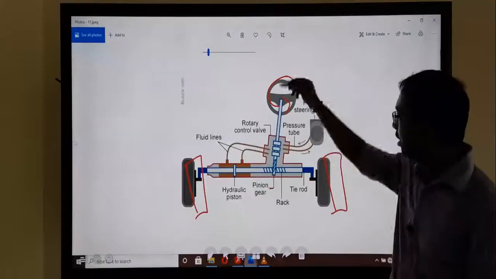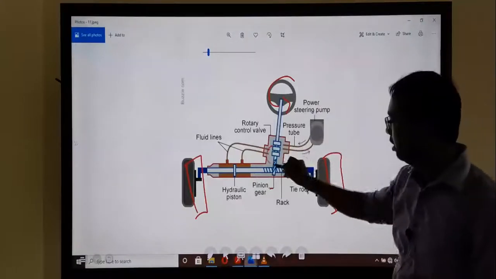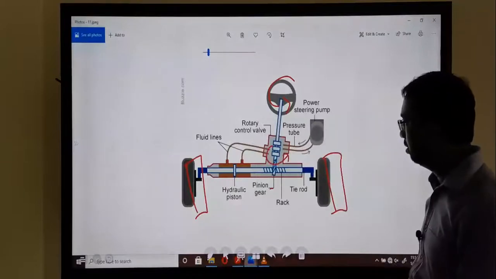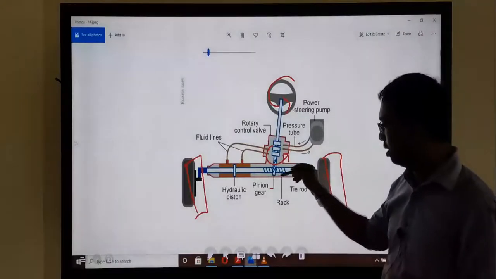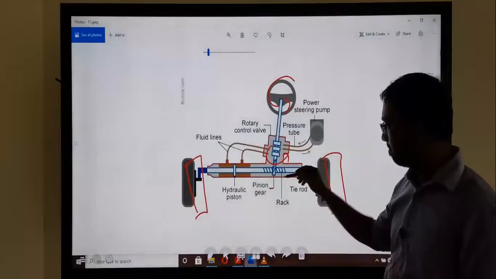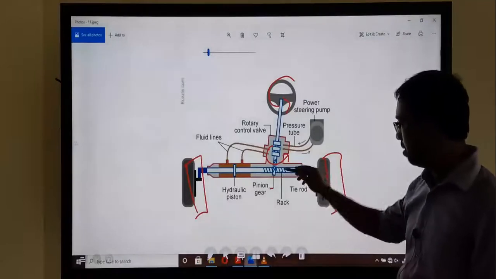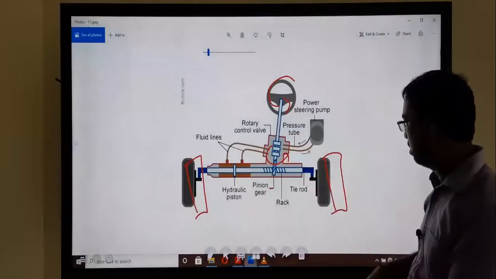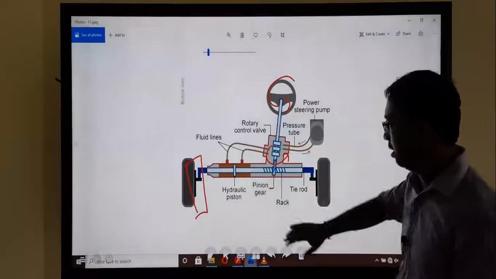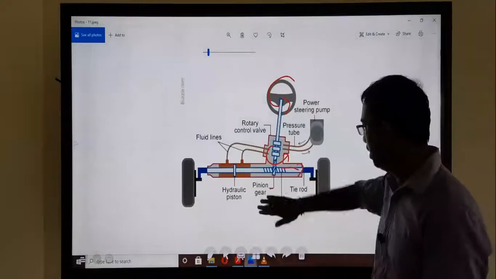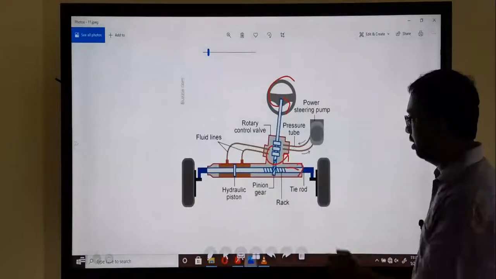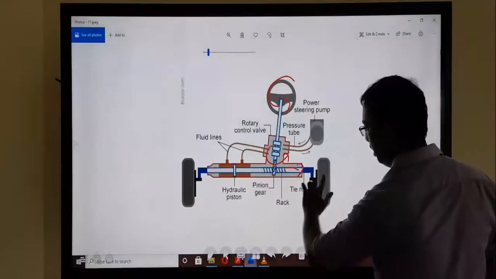Wait, I didn't make it clear. This moves this way, and this also moves this way.